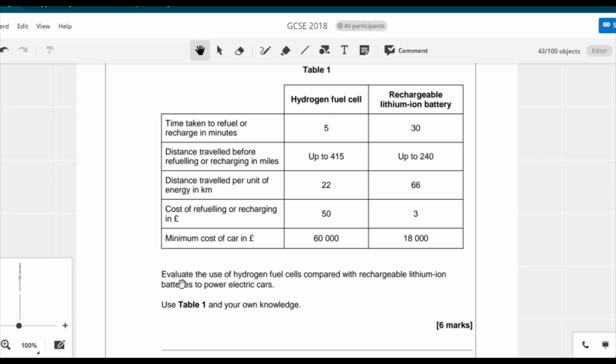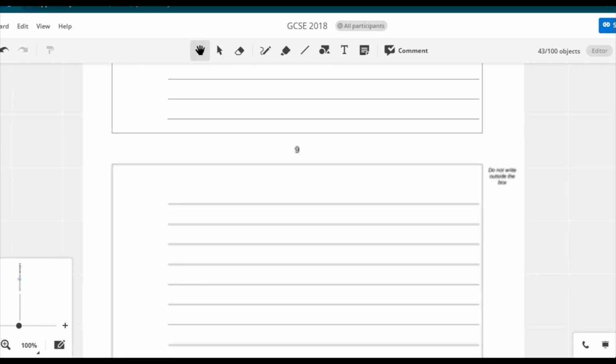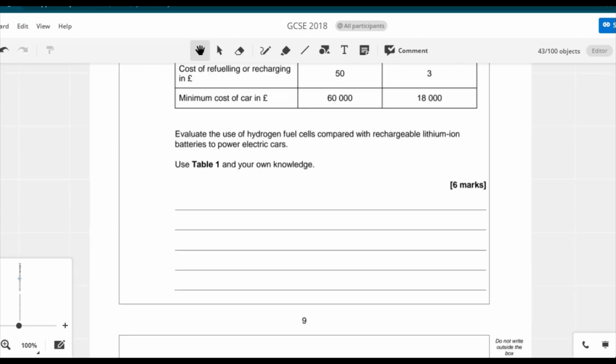Now we evaluate the use of the hydrogen fuel cell compared with rechargeable lithium ion batteries to power an electric car, using table 1 and your own knowledge. This is a 6 mark answer.